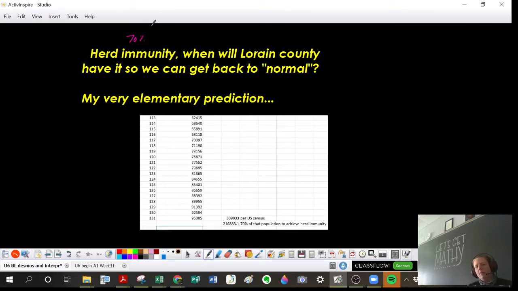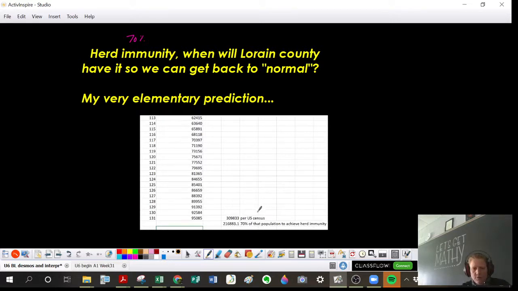So my very elementary prediction, again, there's a lot more that could go into this as a data scientist. So we're just learning kind of the backbone of that profession in a sense. But I did do a couple other Google searches. I looked up, using the U.S. Census, I saw that in Lorain County there's about 310,000 people.